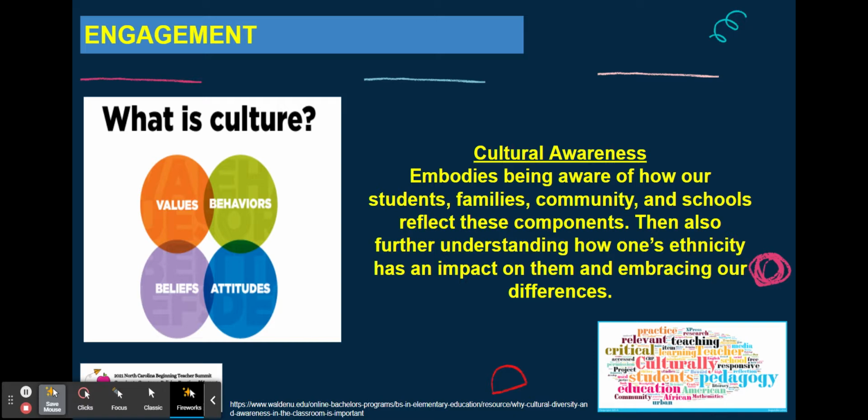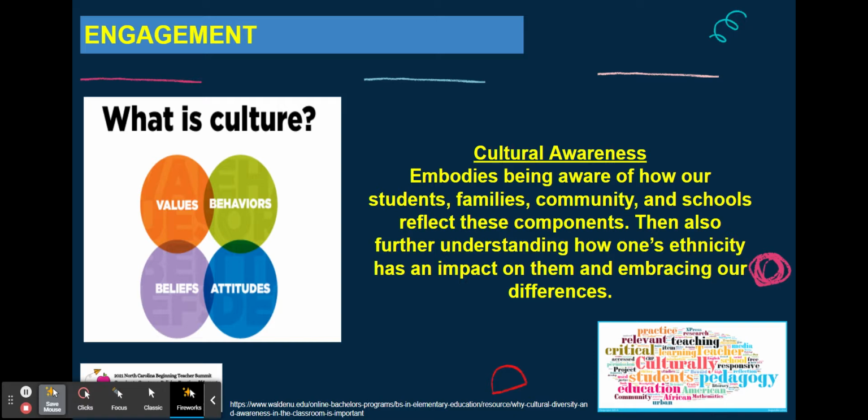You have to think about the students that you serve and the diversity of those students. Cultural awareness to me means being aware of how our students, our families, the community, and schools reflect the components of values, behaviors, beliefs, and attitudes towards certain things. Then also further understanding how one's ethnicity has an impact on them and embracing our differences.